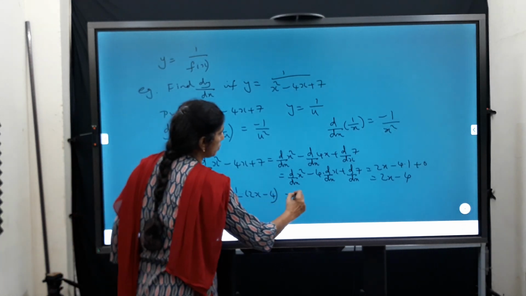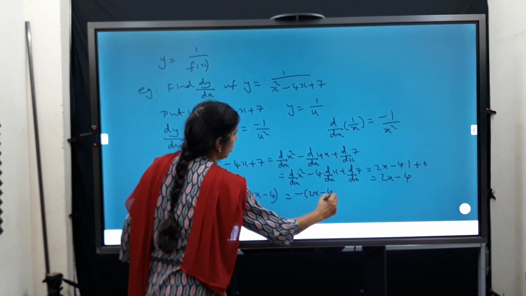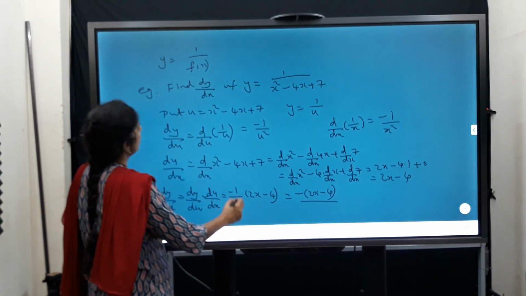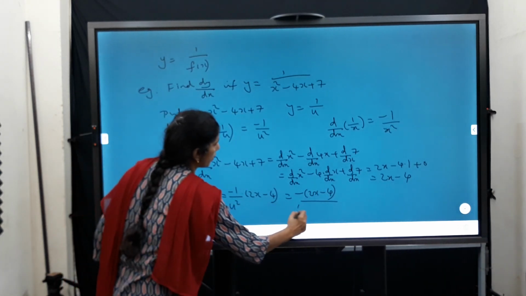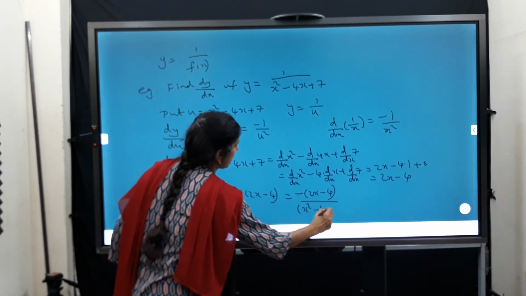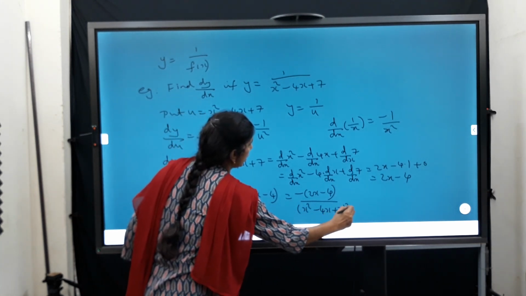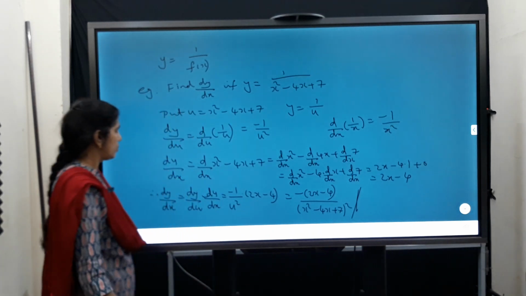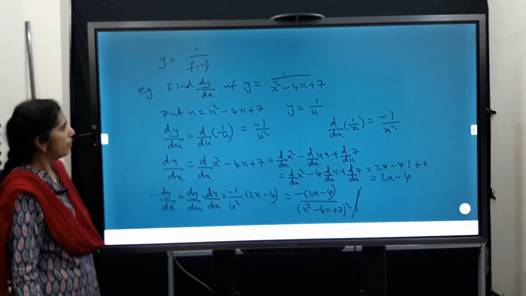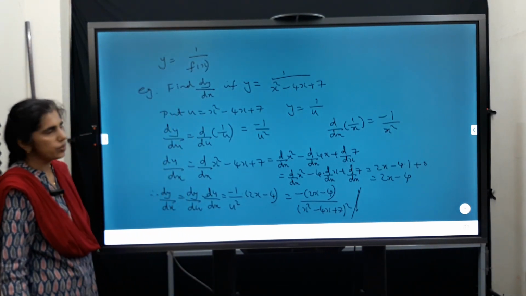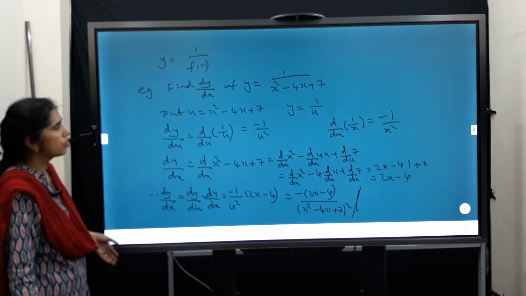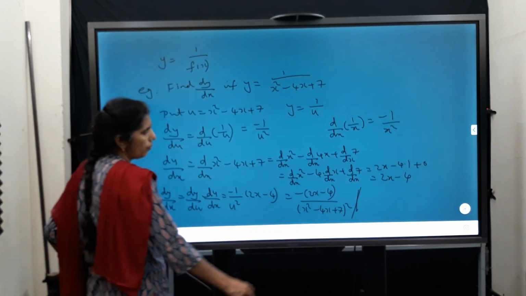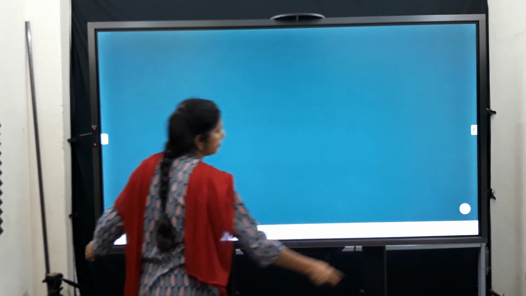Finally, we substitute the value of u, that is u is equal to x square minus 4x plus 7, the whole square. So this is how we find dy by dx using chain rule when the function is of the form y equal to 1 upon f of x.